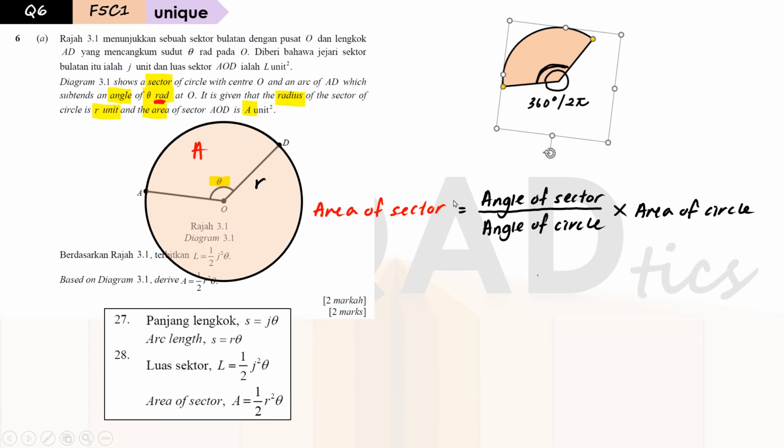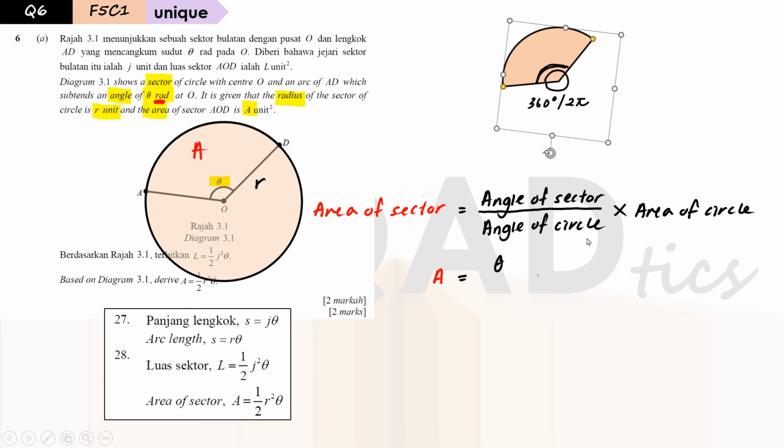Right? So now for each of these things, let us find out the expression or the value. For the area of a sector, in the question they already gave us, which is capital A. So I'm going to put this capital A here. And for the angle of the sector, it is also given, which is the theta here.